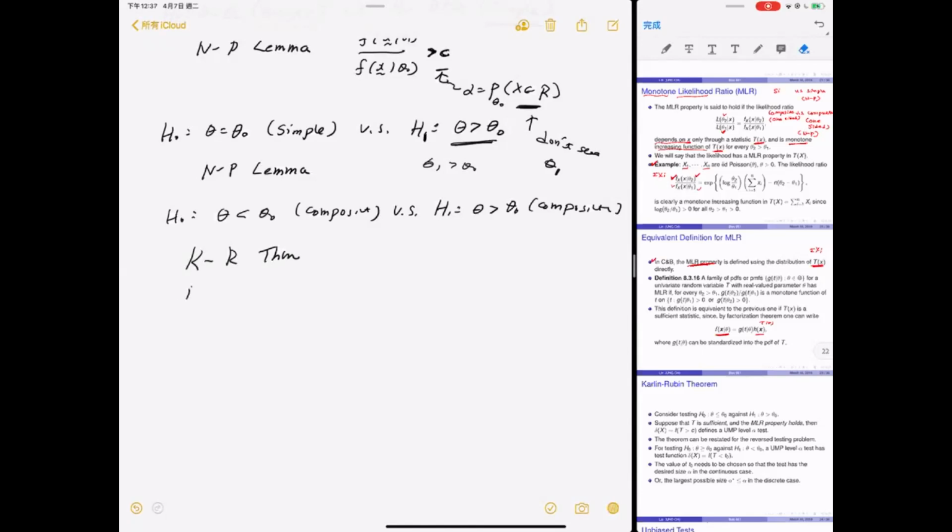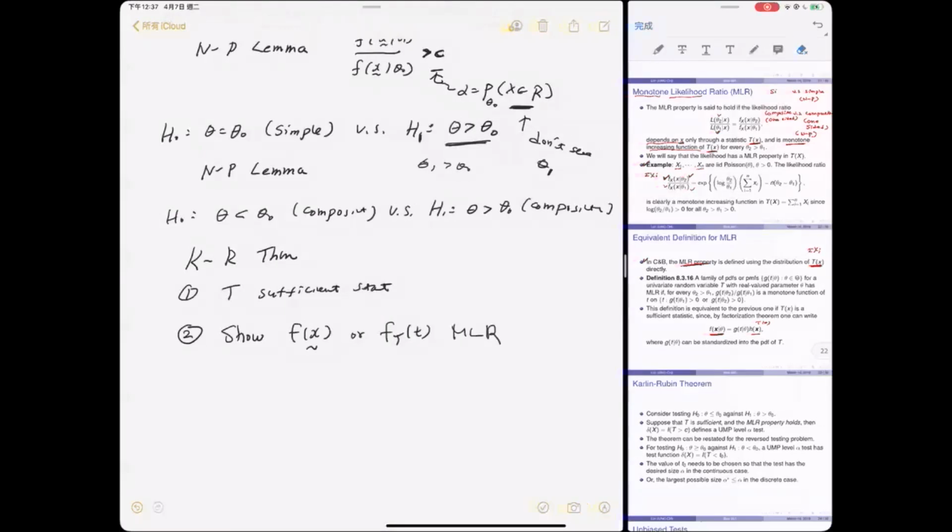One thing is finding a sufficient statistic T. The second thing is to show that your original PDF, or the PDF of the sufficient statistic, has the monotone likelihood ratio property.